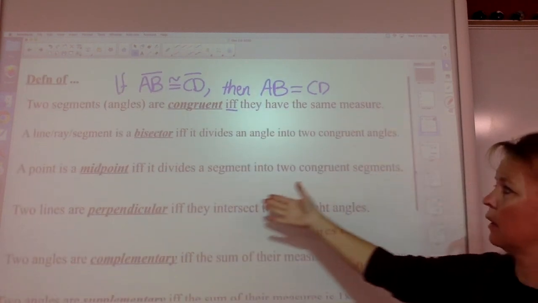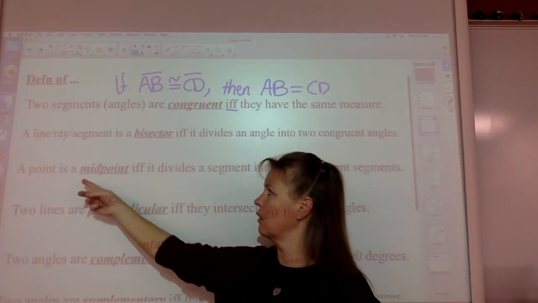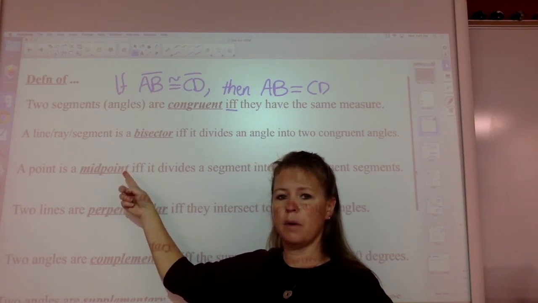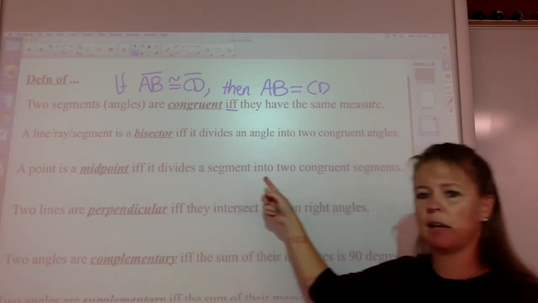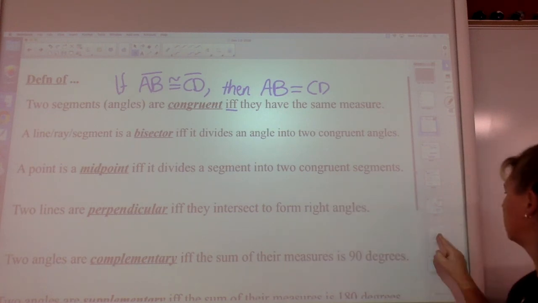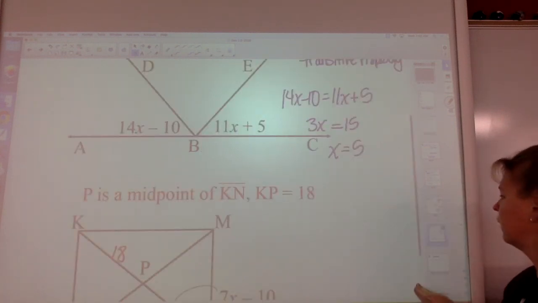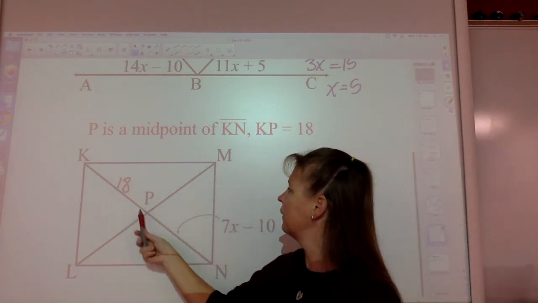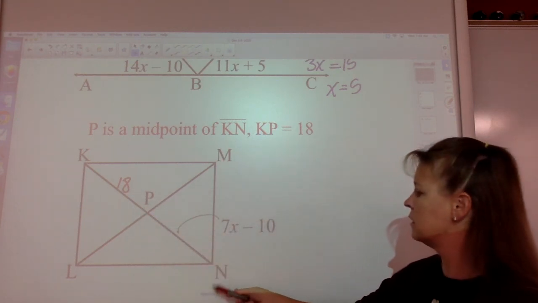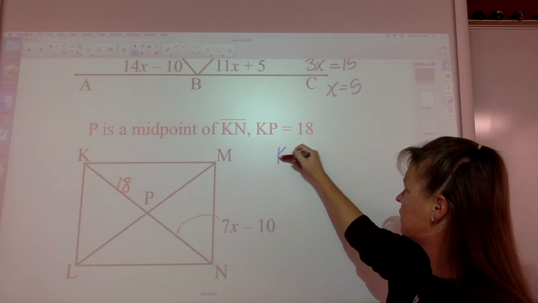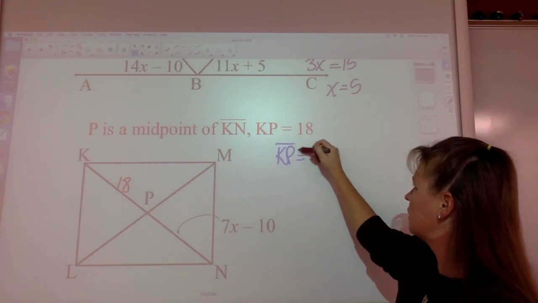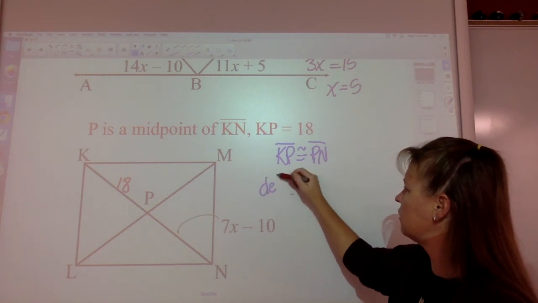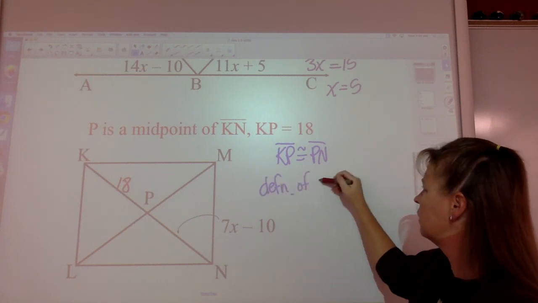If we turn this into a conditional statement instead of biconditional, if a point is a midpoint, then it divides a segment into two congruent segments. What are our two congruent segments? KP is congruent to PN. Segment KP is congruent to segment PN by the definition of midpoint.